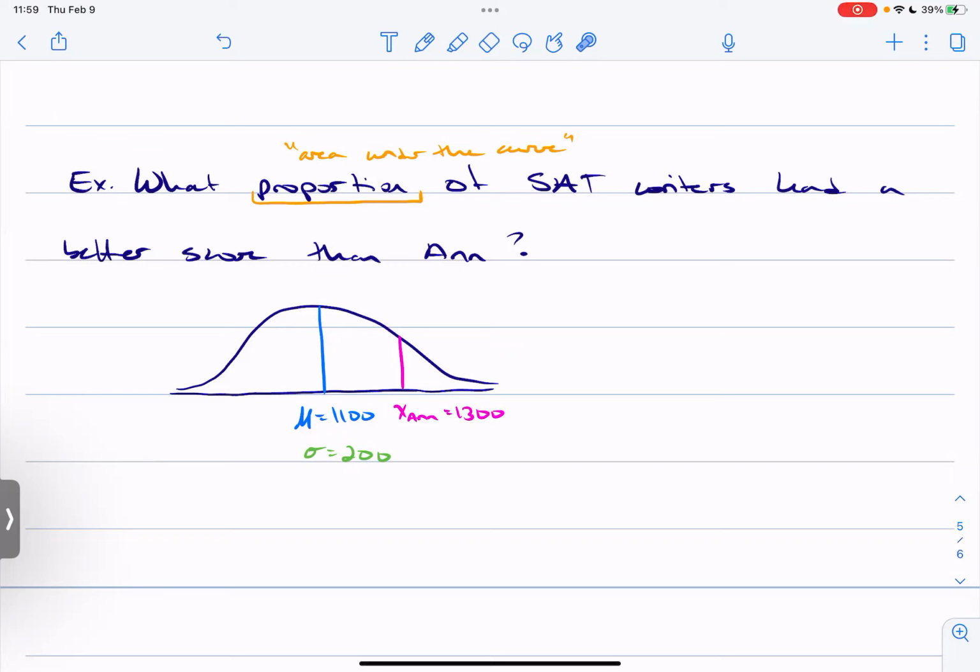Okay. And so now we want to match the area to what we want to find. So had a better score than Anne. So what we're going to do is we're going to shade the area that we're interested in. Okay. So here, this area is the proportion with scores better than Anne.